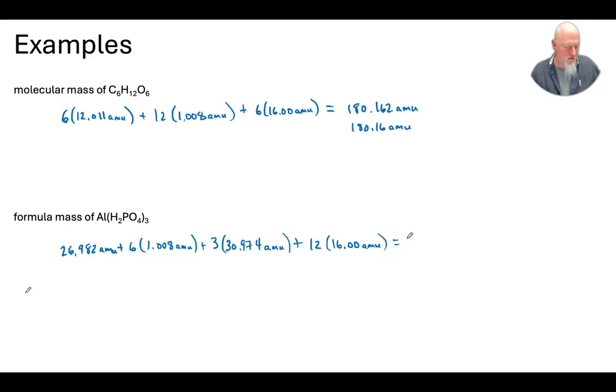Okay, doing the math, 26.982 plus 6 times 1.008, 3 times 30.974, and then add 12 times 16.